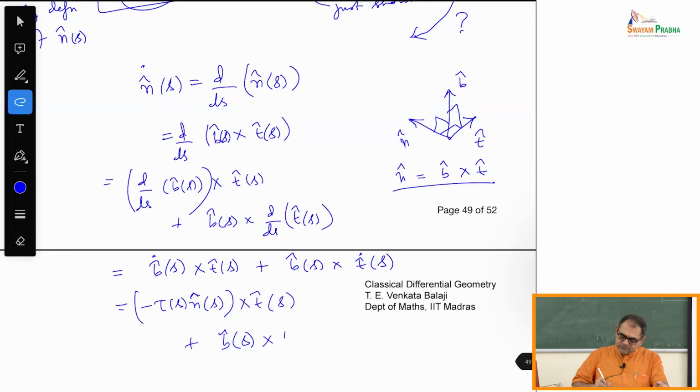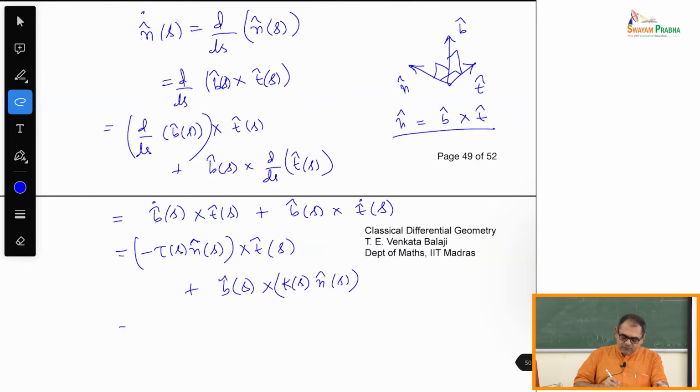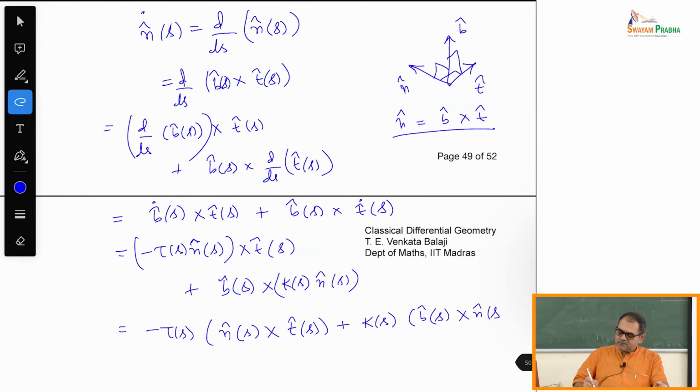So cross k of s n cap of s. Okay. And now you will get minus tau of s times n cap of s cross t cap of s, plus, removing the scalar out, k of s times b cap of s cross n cap of s. Okay, again, look at this triad.